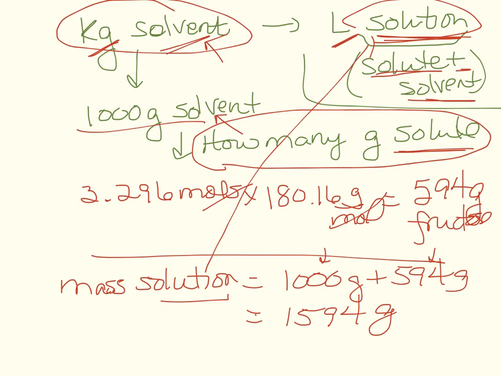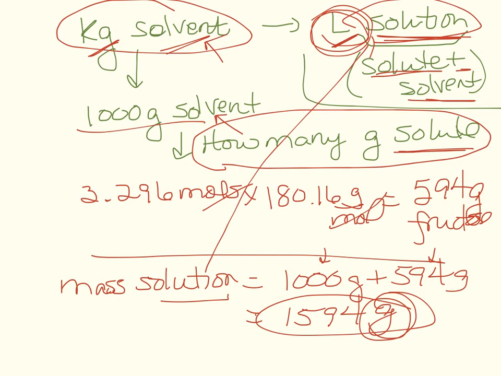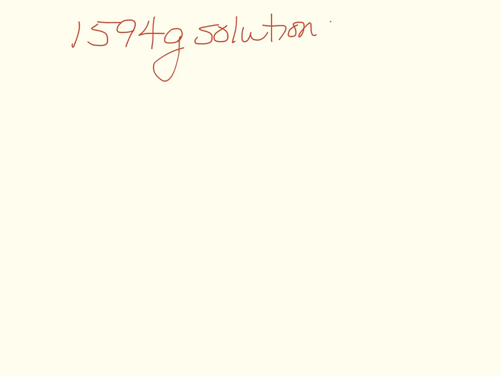Okay, that's nice. We've got grams. What do we need for molarity? We need liters. How do we get from grams to liters? Okay, so that's what we're trying to do.